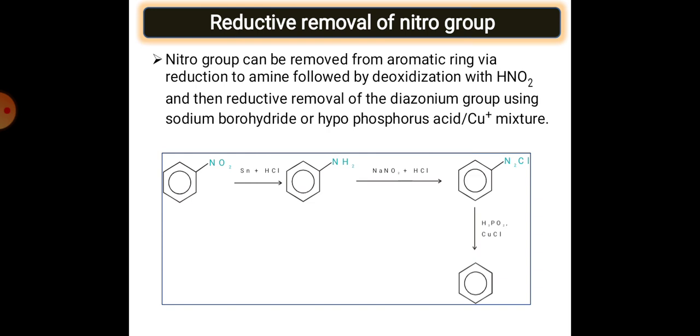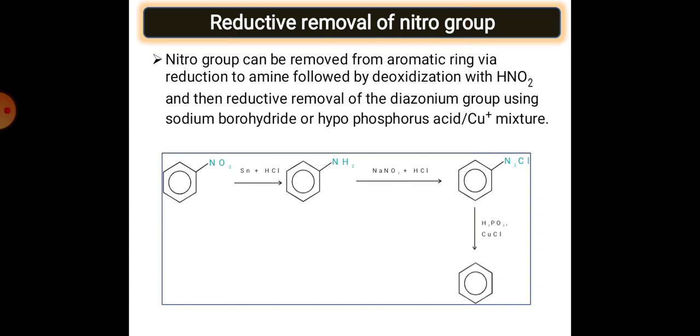Look at this reaction. It is called multi-step synthesis, the conversion of nitrobenzene to benzene, where we are removing the NO2 group. What are the steps? The nitro group first converts to NH2 with the help of catalytic hydrogenation or a metallic acid.